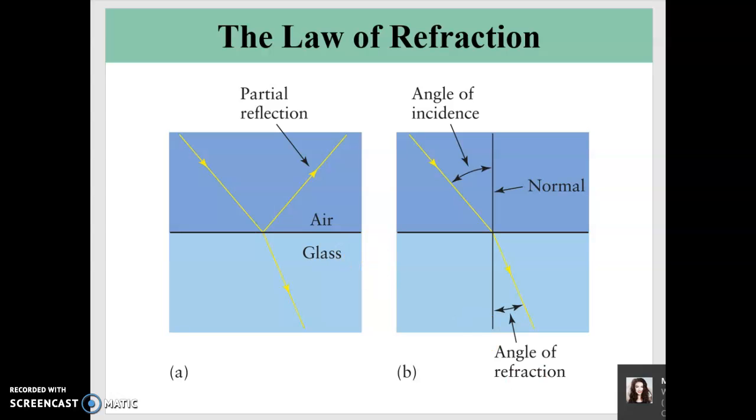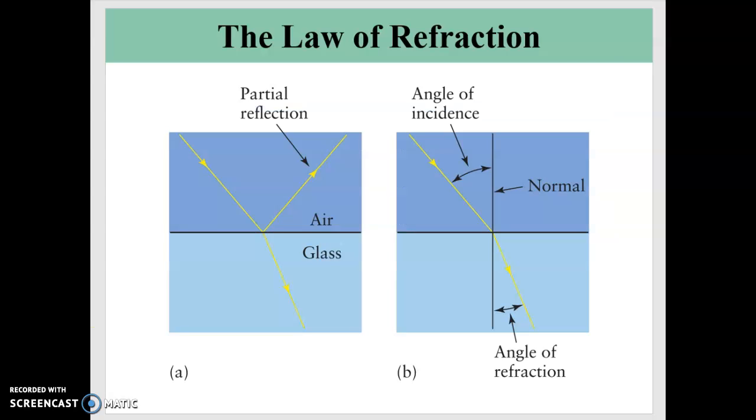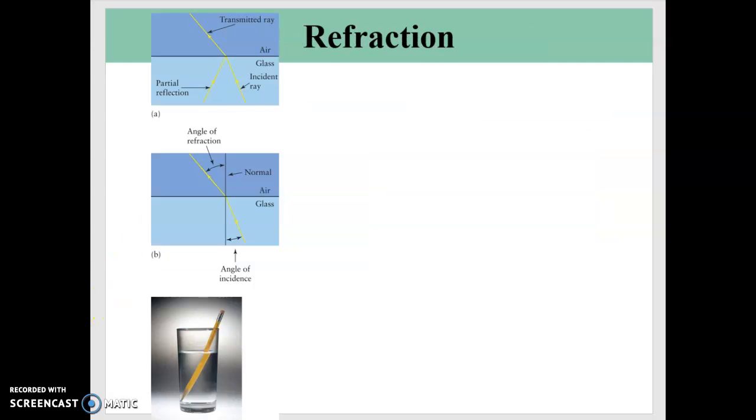Now what happens is that as the light moves from the more dense medium in which light travels more slowly to the medium in which light travels faster, this would be going from glass to air, for example, if I were to draw an imaginary normal here, then the ray is going to get bent away from the normal.